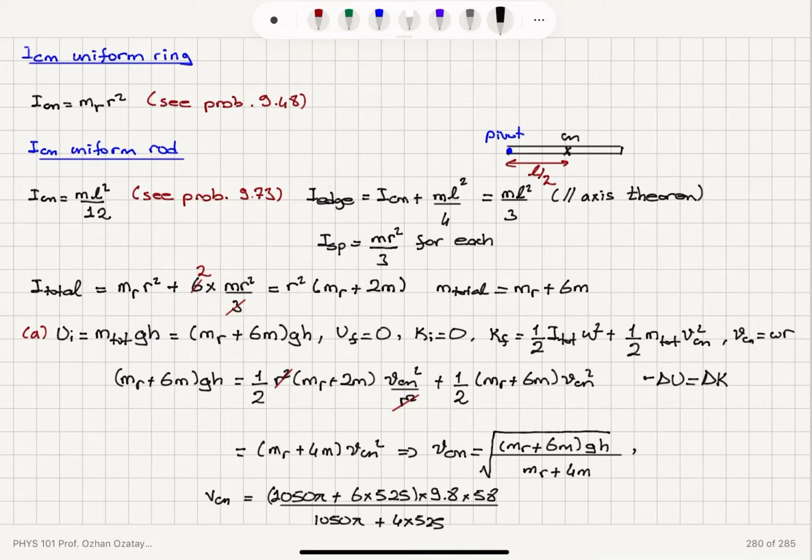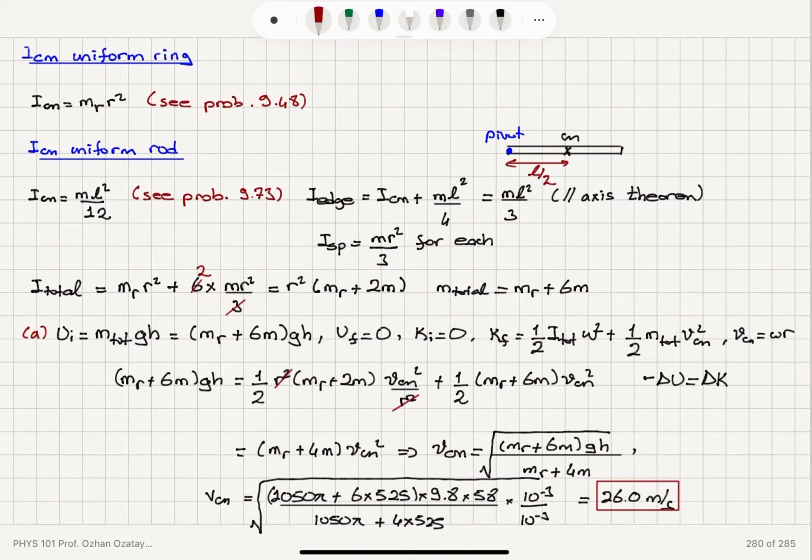Each of these grams can be converted to kilograms by multiplying with 10 to the minus 3, but that doesn't change anything, so we can keep them as grams if you wish, because the units are cancelling. So this gives us finally 26.0 meters per second.